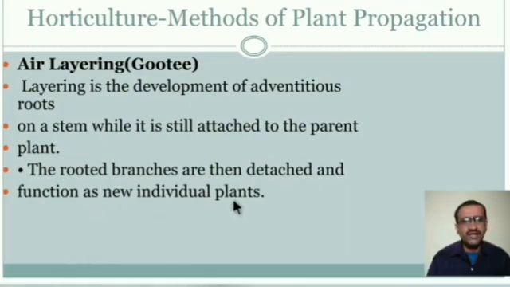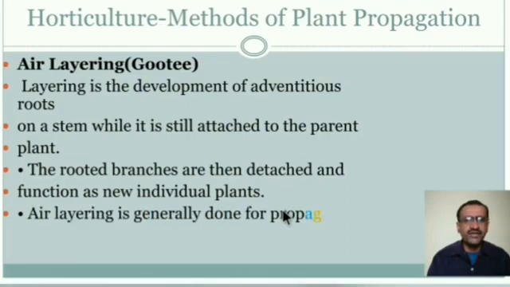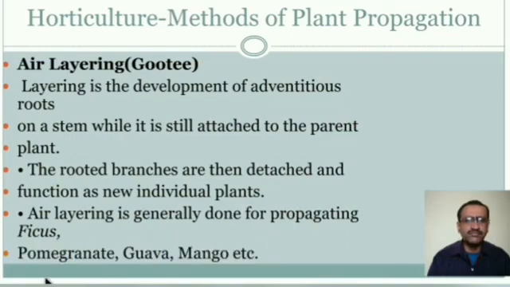Air layering is generally done for propagation of different plants like ficus, pomegranate, guava and mango. Mostly in our region, guava and mango, and also pomegranate, are propagated this way. In such cases air layering can be done. Let us see.